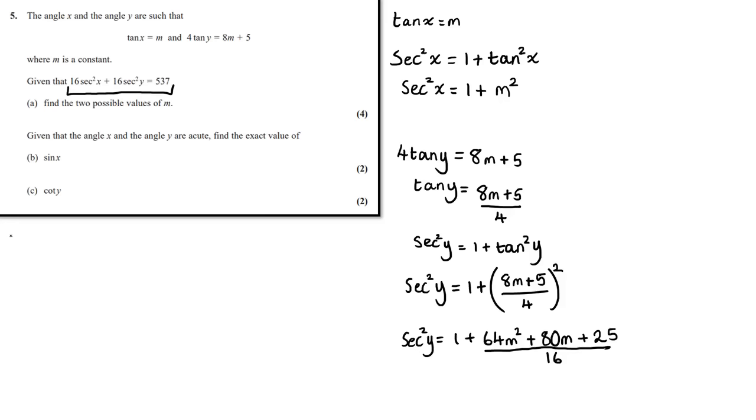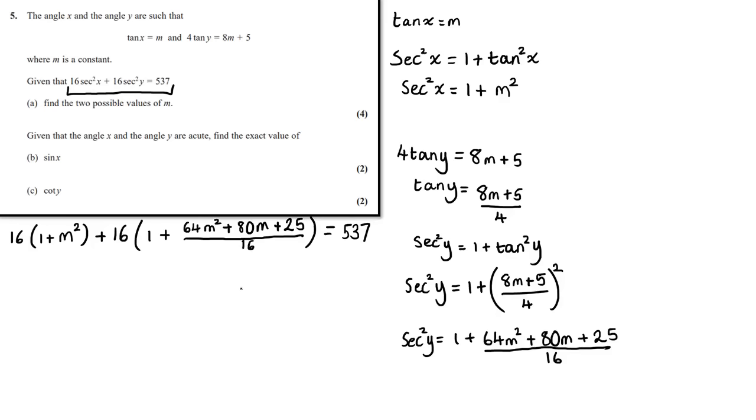So we get 16 lots of sec squared x, which is 1 plus m squared, plus 16 lots of sec squared y, which is 1 plus this expression here, 64m squared plus 80m plus 25, all over 16. And we know this is equal to 537.